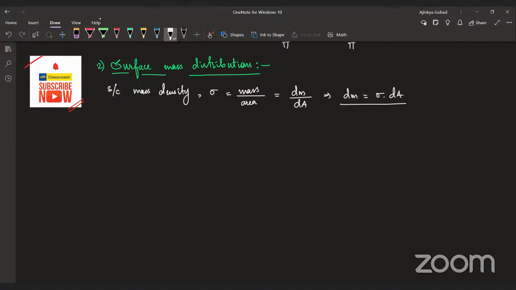There are a lot of mass elements which will work as surface mass distributions. We can derive all of that, but I'll just give you the brief idea, and then we can continue with the discussion ahead.